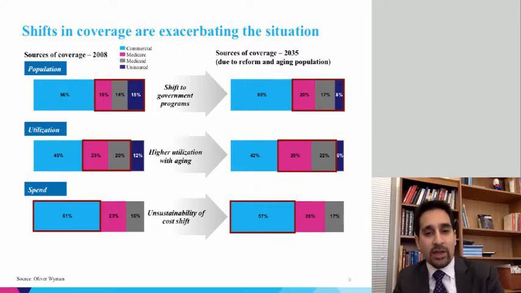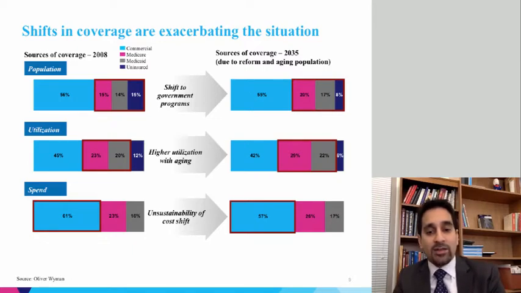But then we talked about the cost shift, where commercial payers pay more than their fair share for every service that they pay for. So the spend on the commercial side is going to continue to get squeezed as the population that draws on Medicare and Medicaid continues to grow.